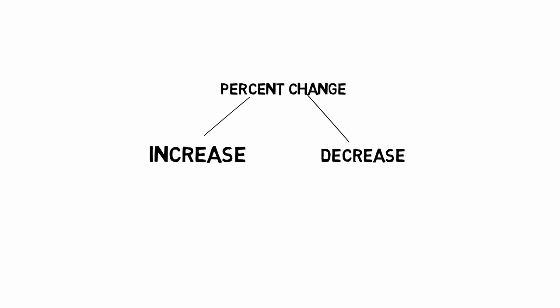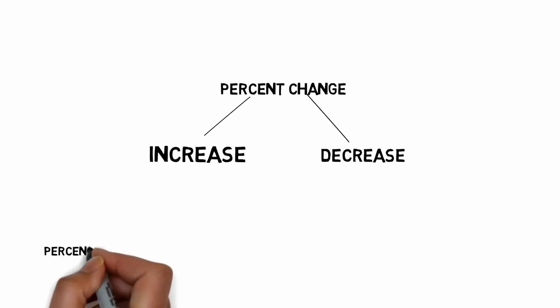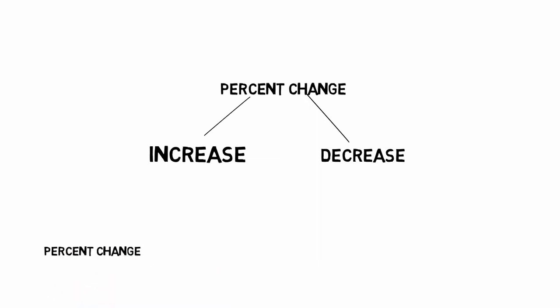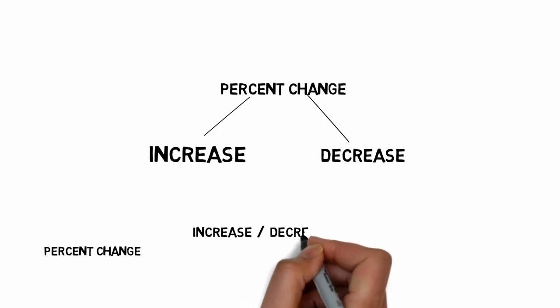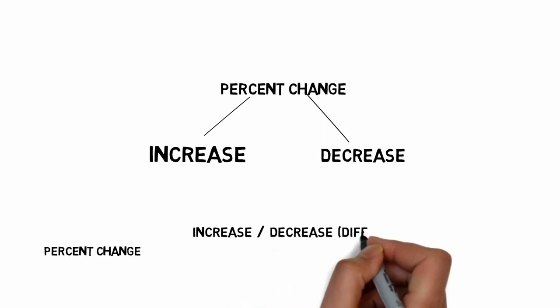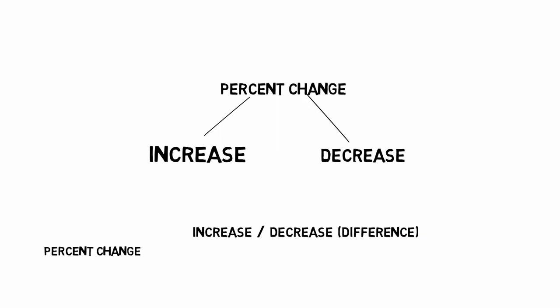Here again we have to focus on three things. Percent change, which means the change in the percentage, is the main topic. Difference of amount: if the amount is increasing or decreasing, by how much. Like first the amount is 100 and now it is 200, so the difference will be 100.